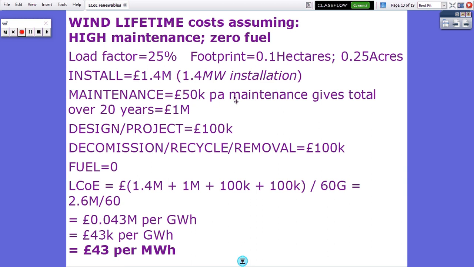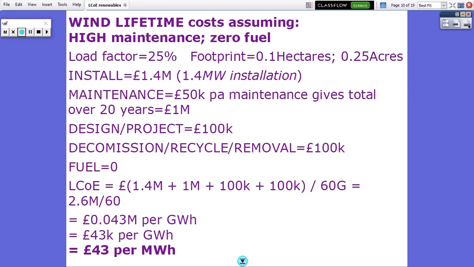Maintenance costs may be relatively high. There's an estimated figure there over 20 years of £1 million. Design, decommissioning costs, zero fuel because we're using the weather system. If we add up all our costs, it comes to 2.6 million over the 20 years. Divided by the energy we'll get out, that's got a cost of £43 per megawatt hour.